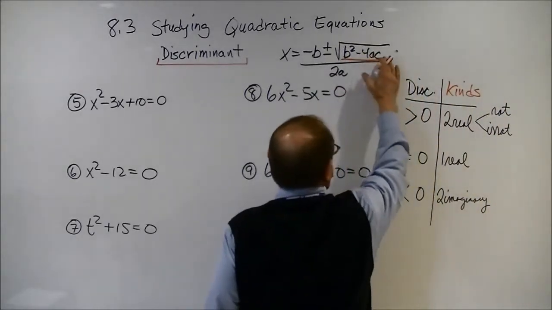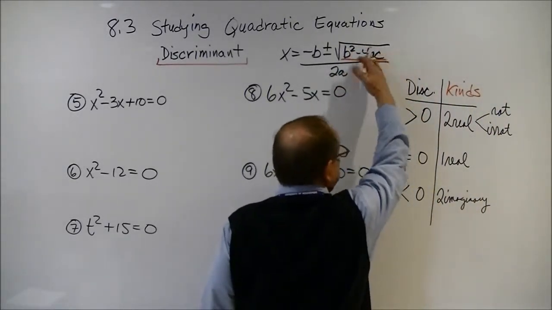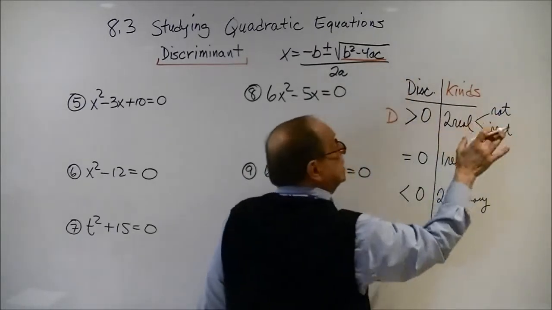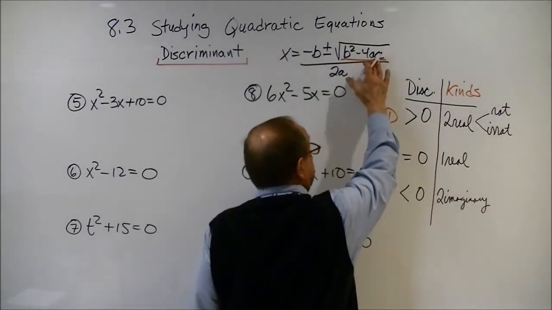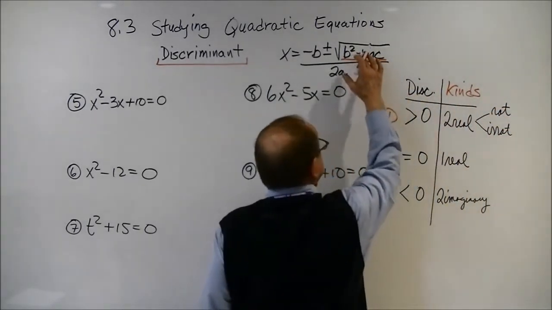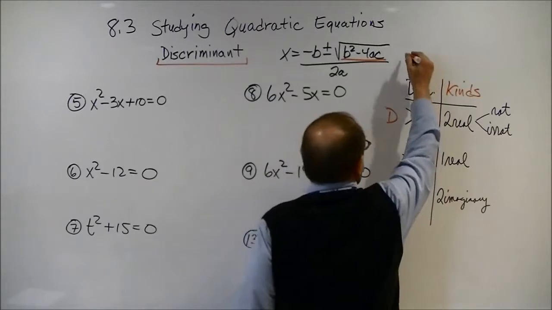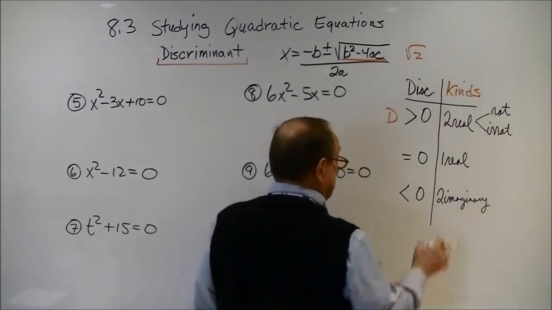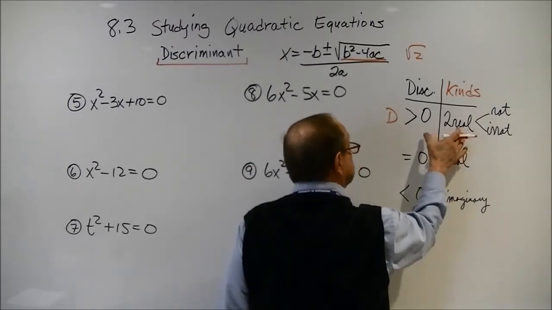If nothing is left under the radical sign, they would be rational. And if something is left under the radical sign, like the square root of 2 or something, then it could be irrational. But they are 2 real solutions.